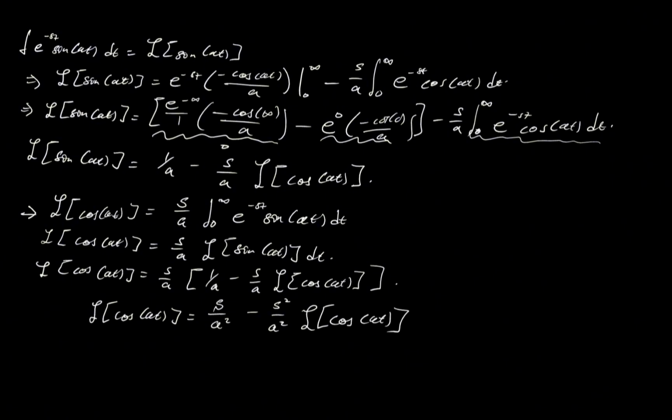Now, if we take this on the other side, we'll have 1 Laplace of cos at plus, since it was a minus, s squared over a squared, the Laplace of cos at, then this is all equal to s over a squared.